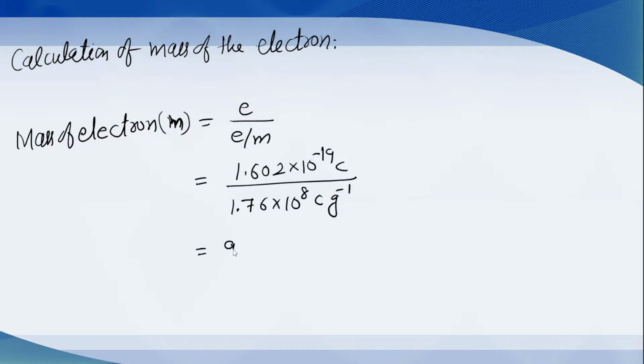So from here we get 9.11 into 10 raised to power minus 28 gram. So in kg it is 9.11 into 10 raised to power minus 31 kg. It is 1.602 divided by 1.76. Okay, it is 9.10 only.